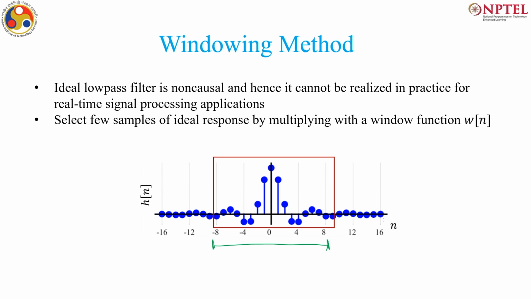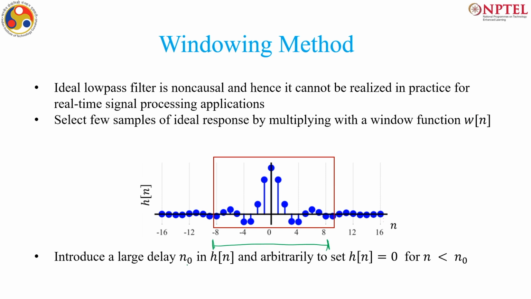What we can do is put a shift of plus 8, so that this 8 becomes 0. First of all, I get a symmetric filter, which means it will have a linear phase response, and second, I will have a causal filter by shifting this to the positive side, that is, introducing a delay n naught, and in this case my delay will be 8 samples.